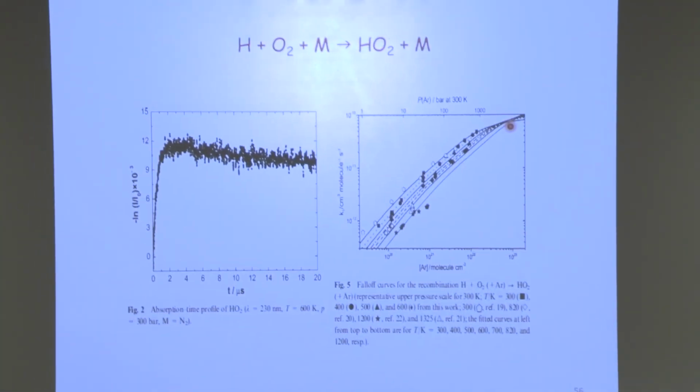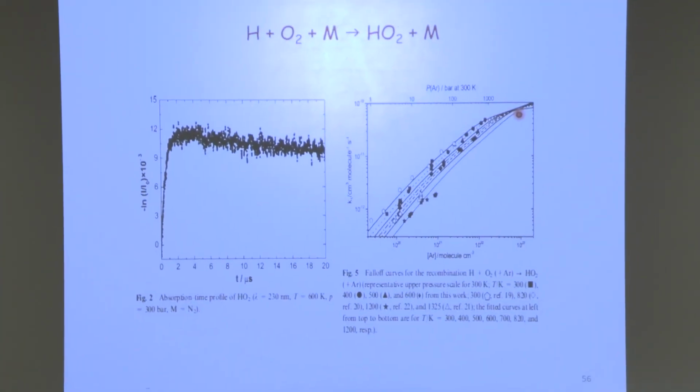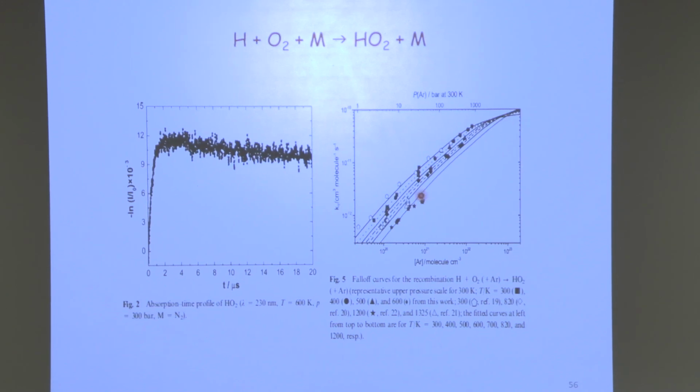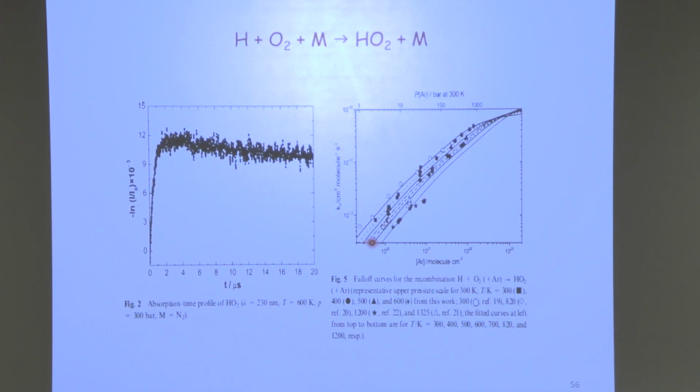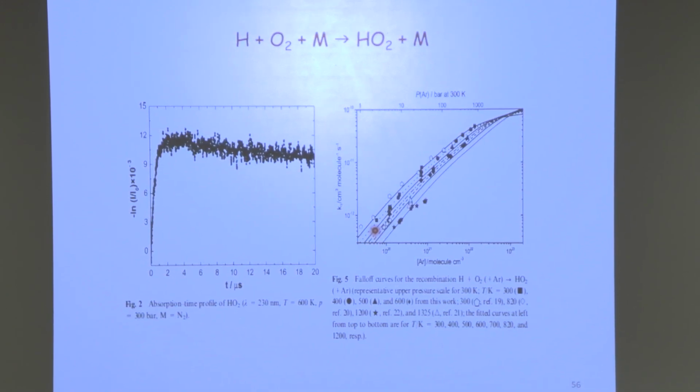And so these are data, I think, from Ravi's experiment. Yeah, you can see going up. So as you increase the argon pressure, the effective rate of how much HO2 you're making is going up by orders of magnitude and eventually starts to flatten out when you get up towards 1,000 bar. Yeah, there's 1,000 bar right there. So above 1,000 bar.